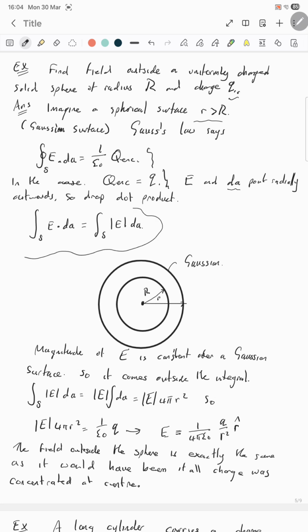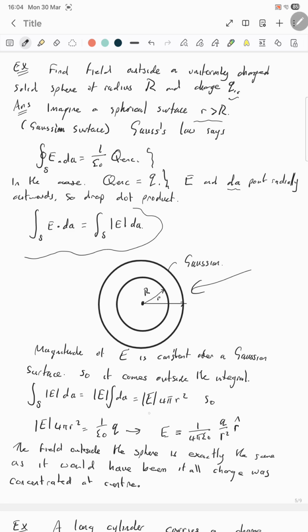And this is a visual representation of a Gaussian sphere, which can only be useful if you have a good degree of symmetry, picturing these kinds of things. But anyway, the magnitude of E is constant over a Gaussian surface, so it comes outside the integral.